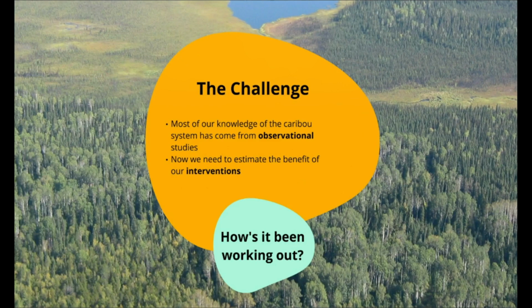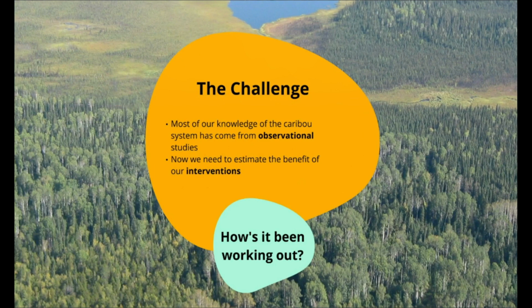Now we're in the position of trying these more intensive interventions. And that means that we need to be able to estimate the benefit. As I said, these actions are very expensive, and we really need to have a good estimate of what their benefit is. And so those of you who have taken Felix's course when that was being offered in connection with the BayesiaLab conference, those of you who've read Pearl's Book of Why, Causality, the alarm bells are starting to go off for you at this point because you're saying, aha, observational information.